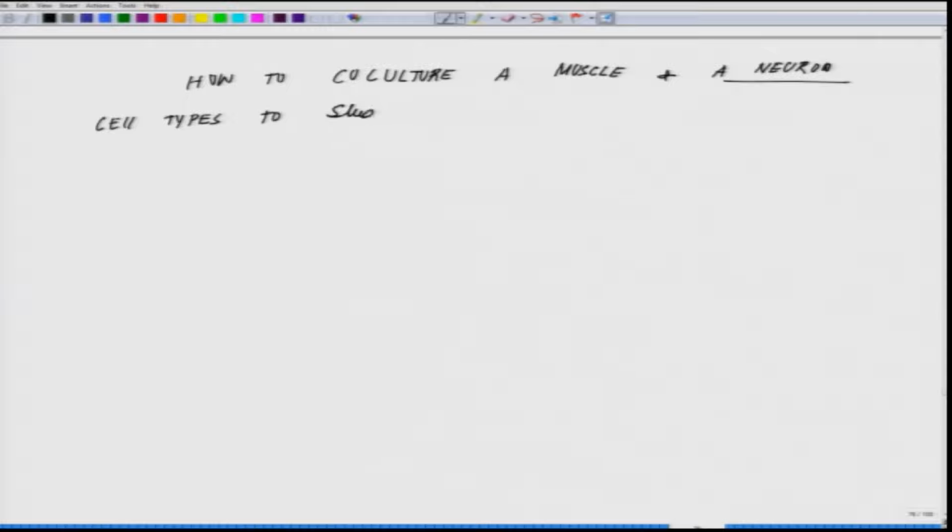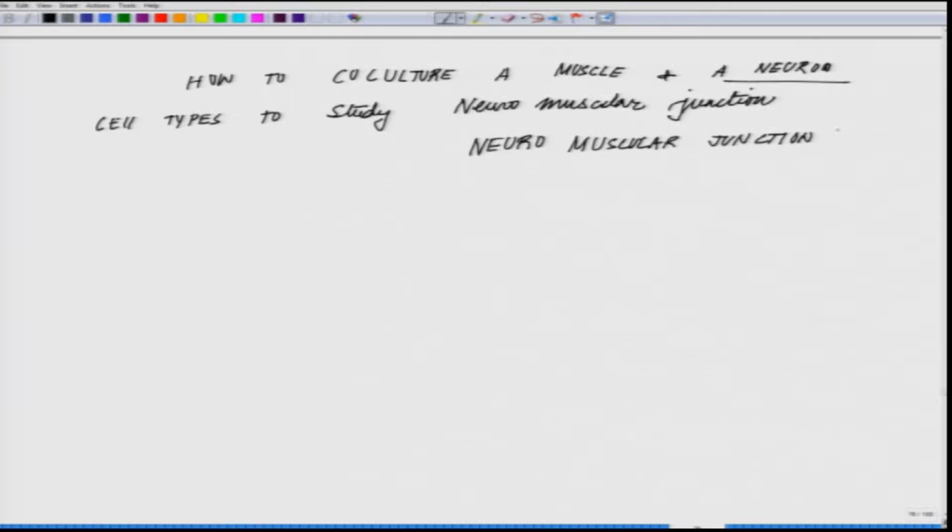One, how to co-culture a muscle and a neuron cell type, here 'a' means a population, to study the neuromuscular junction, which in short many people call NMJ.